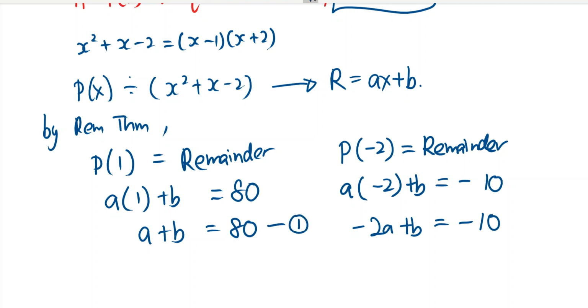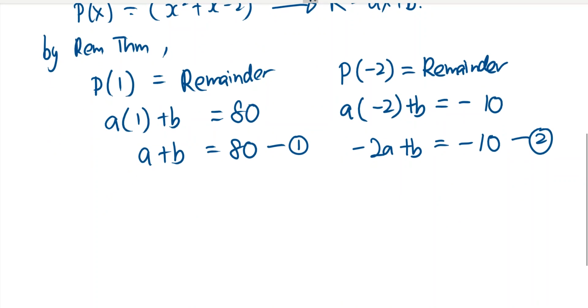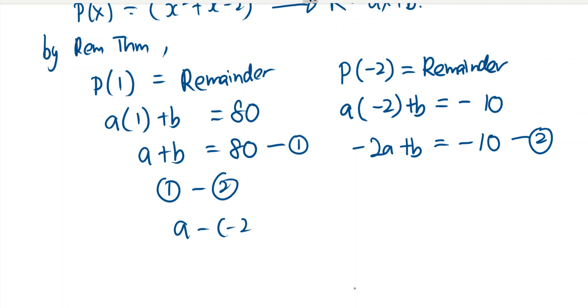Looking at equation 1 and equation 2, we will use elimination, because always once you reach here, two unknowns, two equations, simultaneous equations. So I would use equation 1 minus equation 2. I will have a minus negative 2a, which is 3a, and b minus b cancels, equals 80 minus negative 10, which is 90.